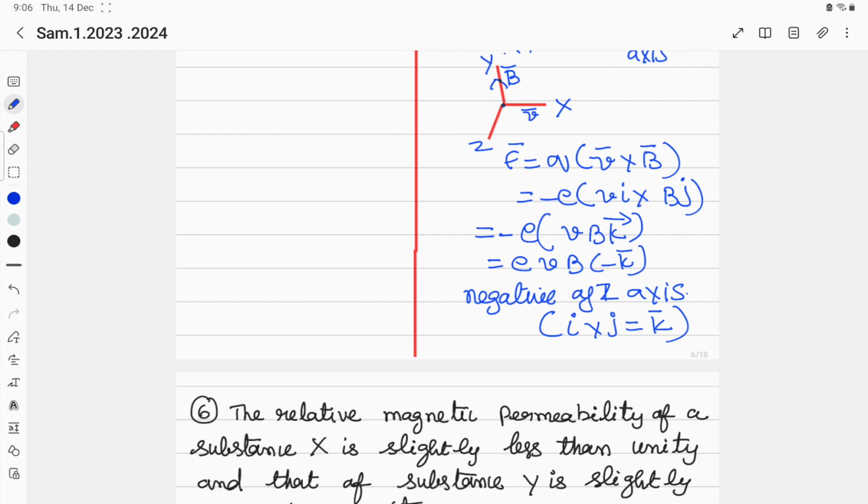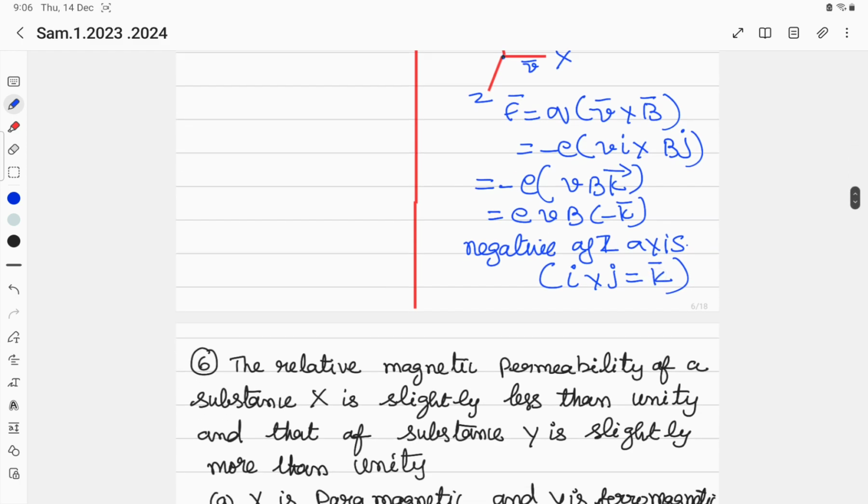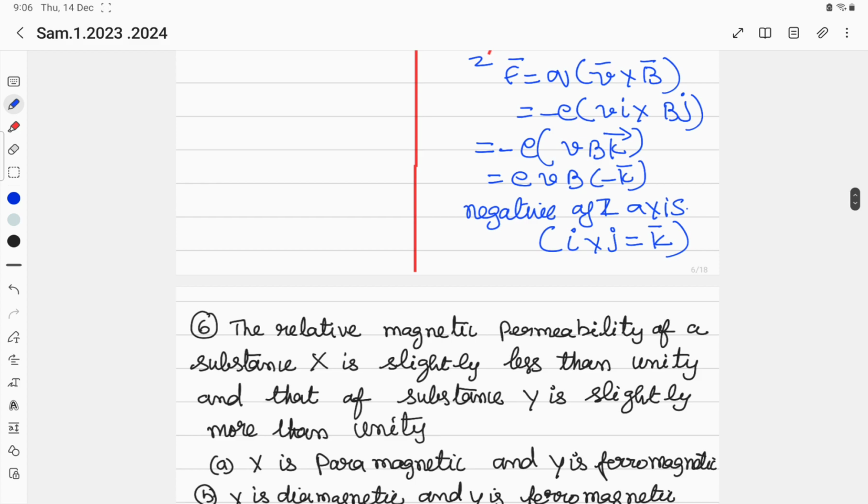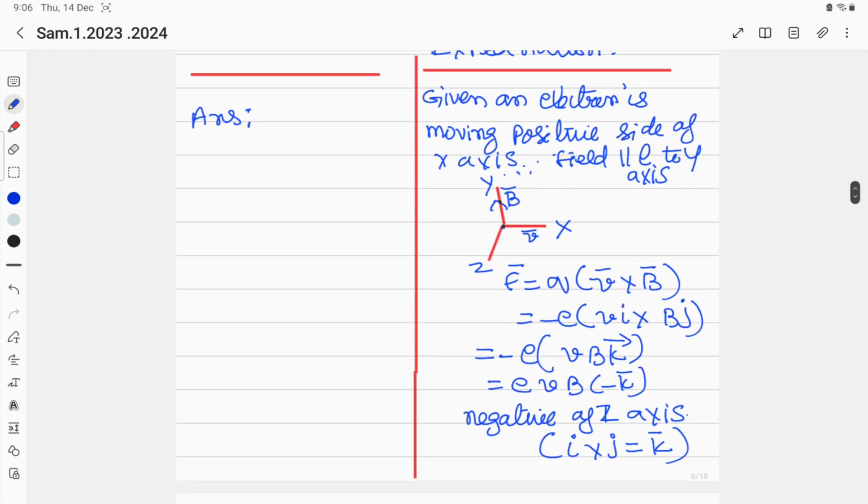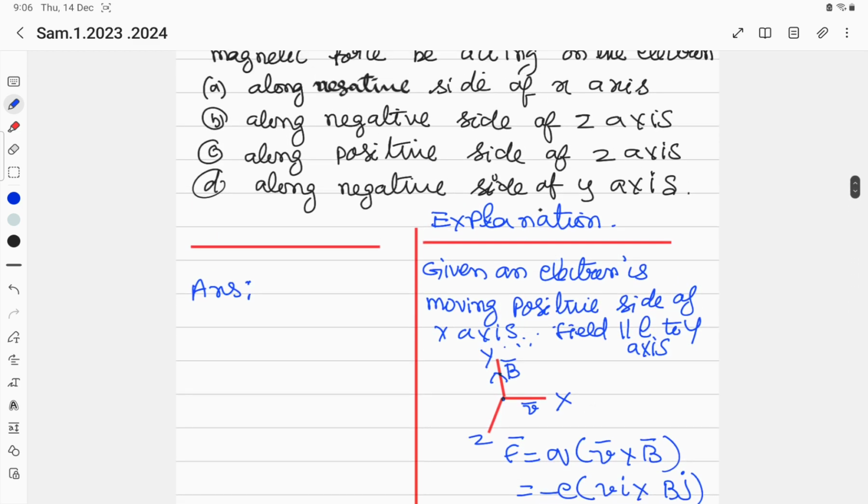Field is in the y direction, that is j. So, v i cross B j. i cross j, we know, is k. Therefore, minus e v B k. That is e v B times minus k. That is the negative side of the z-axis. Answer B.